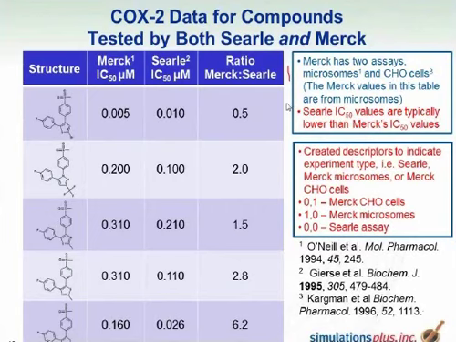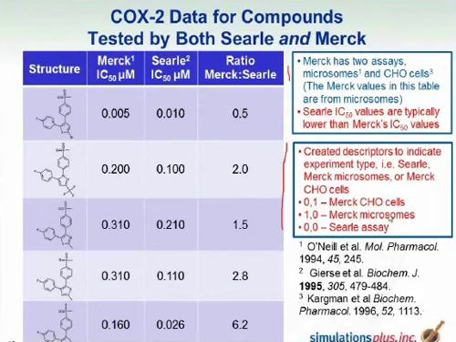We wanted to try and incorporate this data somehow into deriving the models. So we created two descriptor columns, and these are indicator columns to indicate what type of experiment it was. And since there's three different experiments, you only need two indicators. So if the compound was tested in Merck CHO cells, the indicator values were 0 and 1.